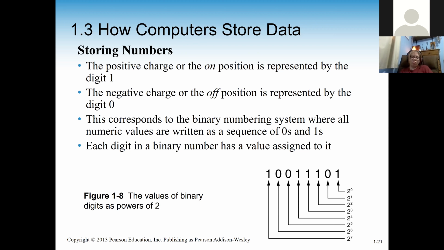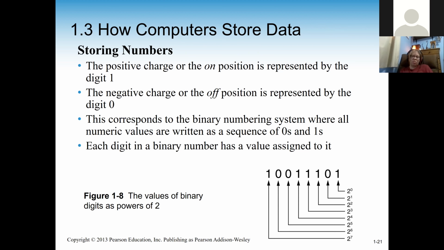Each digit in this sequence starts from right to left, and each digit in a binary number has a value assigned to it. For instance, the first one you can see here is 2 to the 0. Because it's binary, you really only have 2 options, 1 and 0.